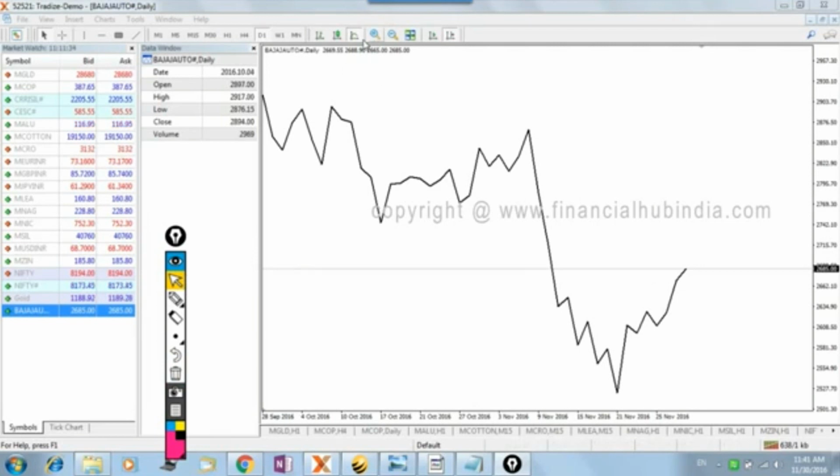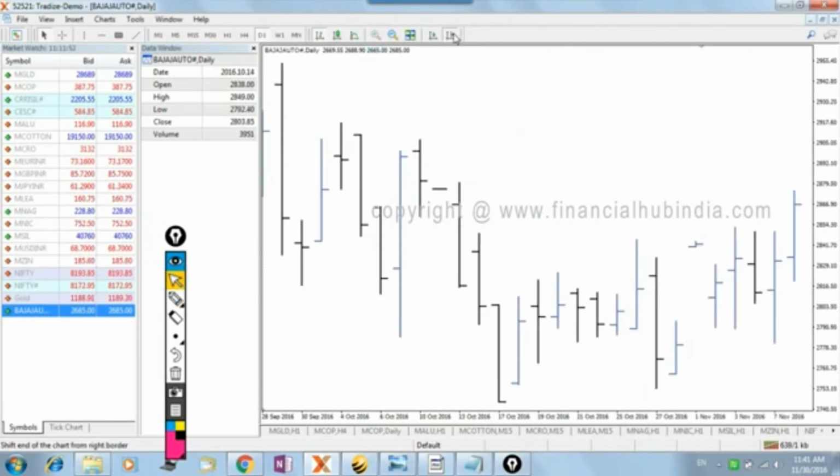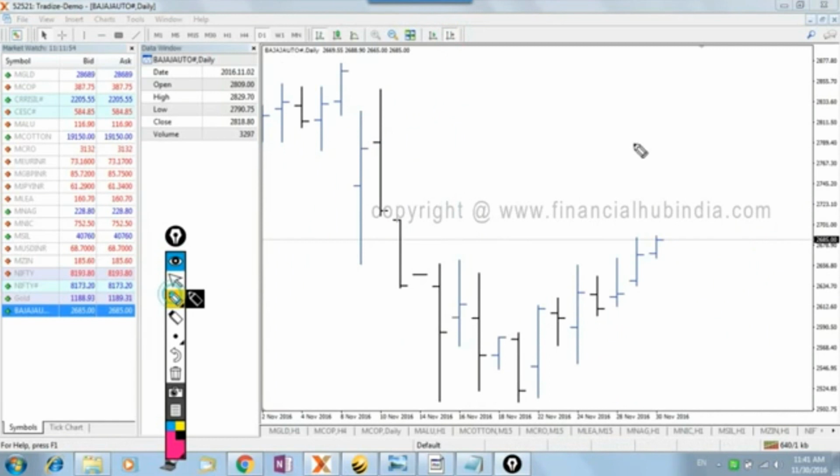The next chart we have is this bar chart. Now to draw this bar chart, we need to use again 4 data: open, high, low and close. Let's draw this one and see how it is drawn. Let's say yesterday this Bajaj Auto opened at 2767.